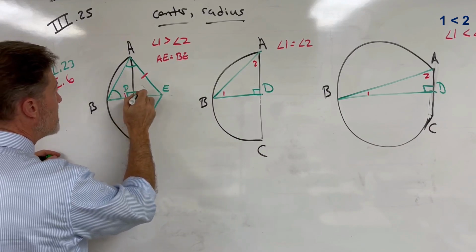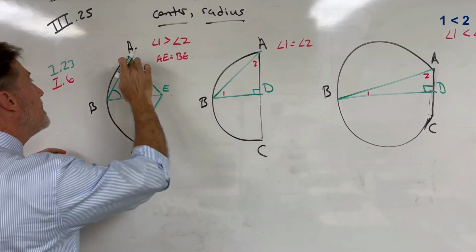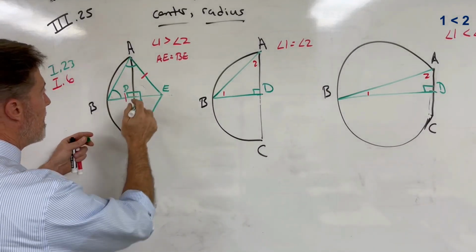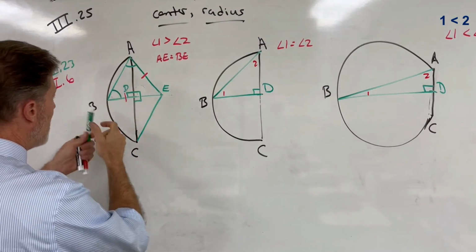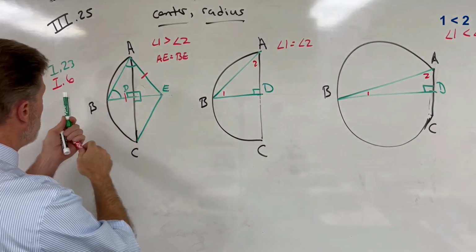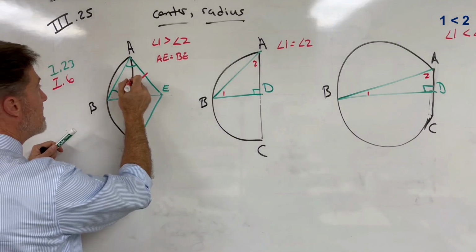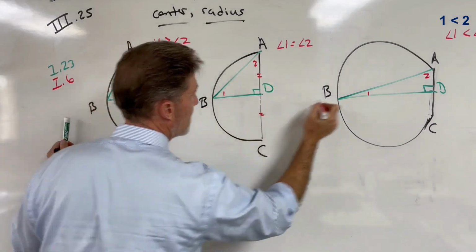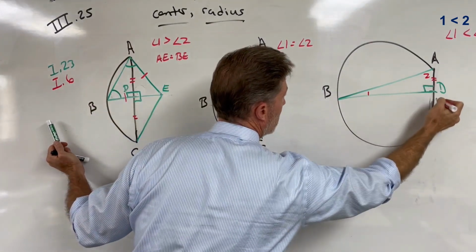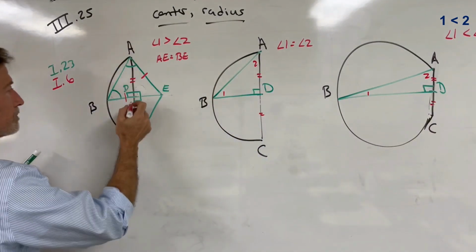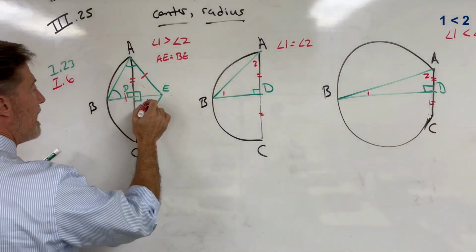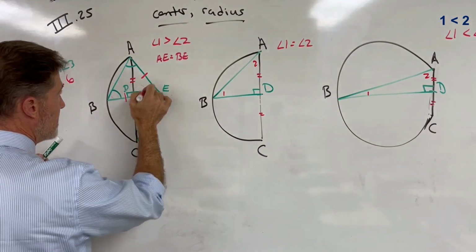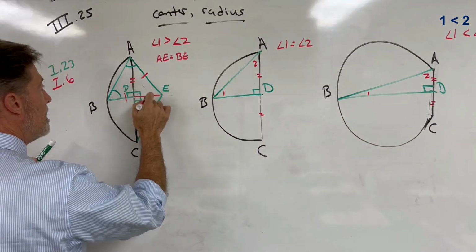We know that this is a right angle. So if we look at these two triangles, ADE and CDE, they both have a right angle, and we know, because we bisected it, that this is equal to this. Remember when we bisected, we made all these things equal to each other. And we know that this side of the triangle is in common.